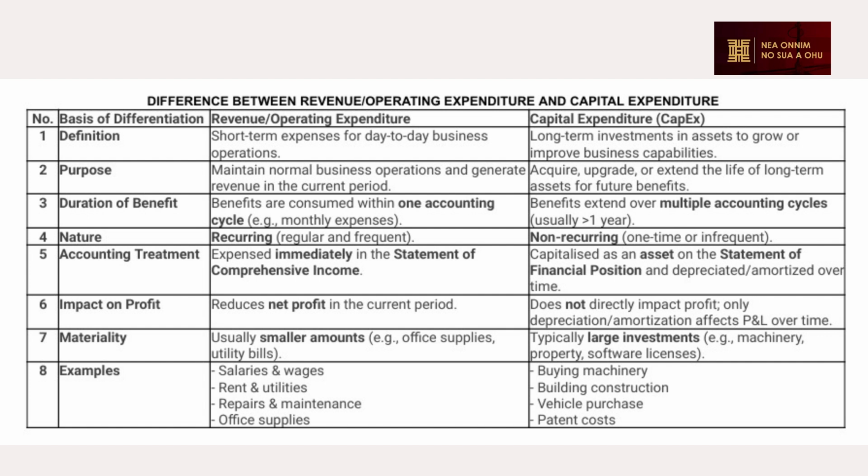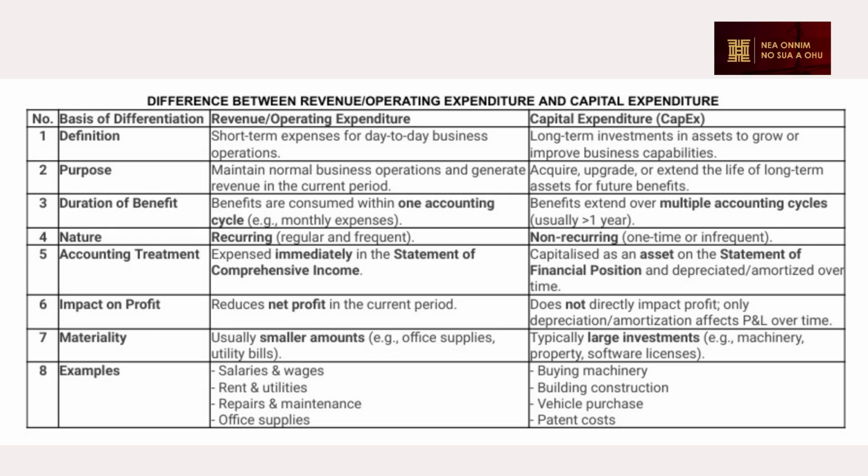So the final basis of differentiation is the materiality. In the case of revenue or operating expenditure, they tend to be smaller immaterial amounts. For instance, expenses on stationery or office supplies.